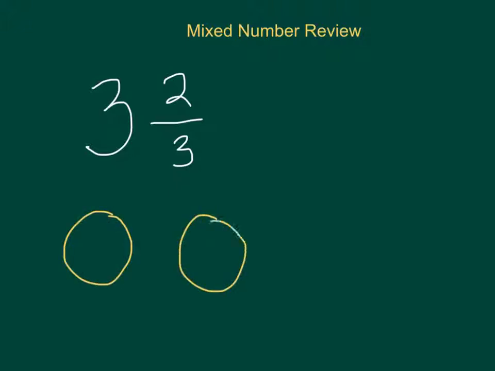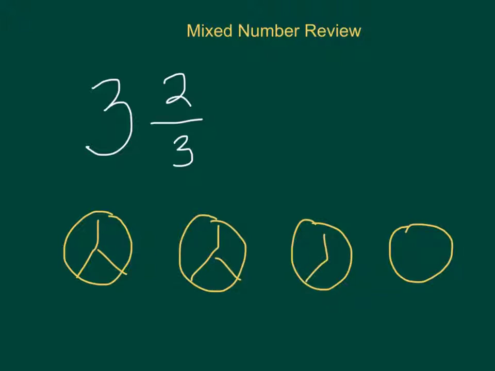If I have 4 circles here, and they're all divided into 3 parts, and the reason I'm dividing them into 3 parts is because if you look at the fraction, that is what the fraction is divided into, so all of them must be divided into that.